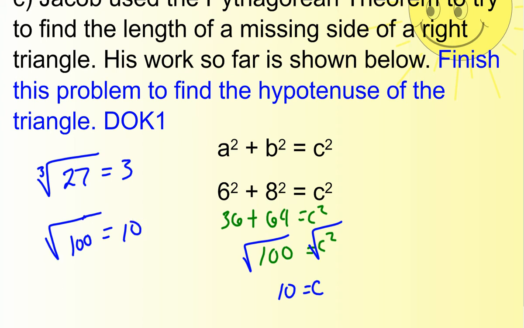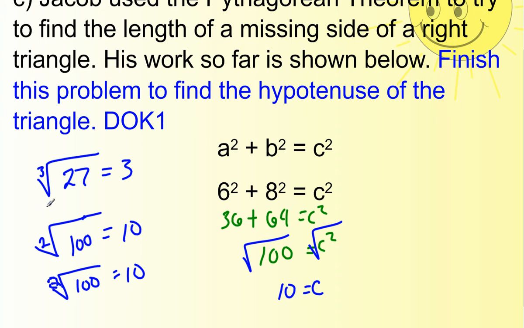You could, just so you're aware, I could put a little 2 here, and it's exactly the same thing. We are just so used to using this symbol as a square root symbol that it's understood that there's a little imaginary 2 hiding in there. So if you put down the square root symbol, it means square root, and to do a cube root symbol, you'd put down a 3.